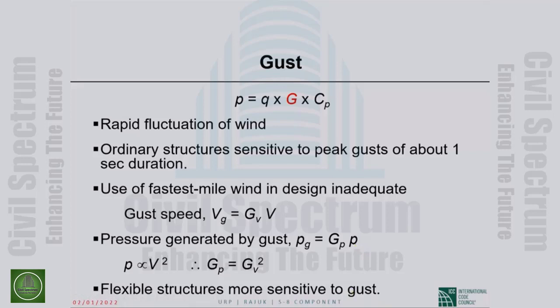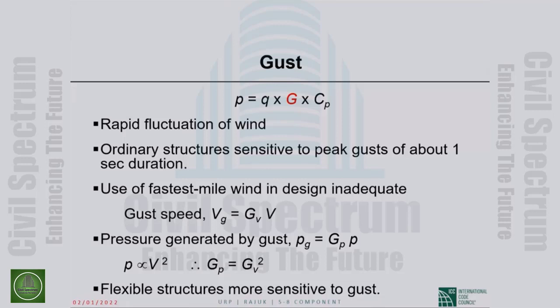If we want to apply the gust effect factor to the pressure due to wind, the factor would be the square of the factor that we would have applied to velocity, because pressure is proportional to the square of the velocity. So if we apply the gust effect factor to the wind velocity, it would have been a smaller factor. ASCE 7 chose long years ago to apply the gust effect factor to the pressure due to wind.